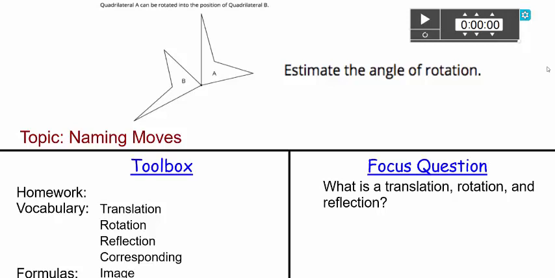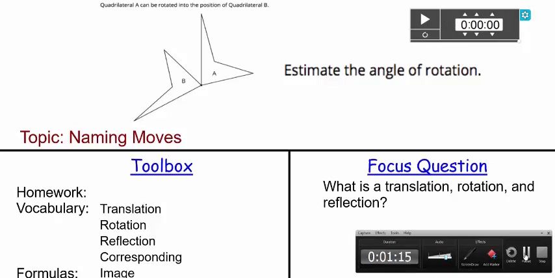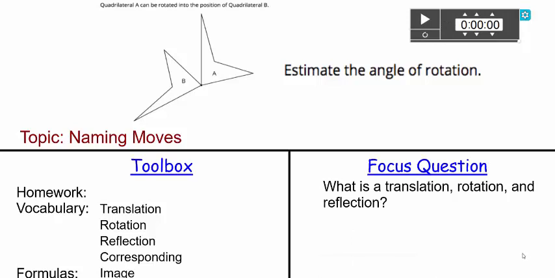So we talked about turns in Lesson 1, and that's what a rotation is, a turn. So if you need to pause it here to start your notes, go ahead and do that. And then you're ready to continue. Unpause the video.